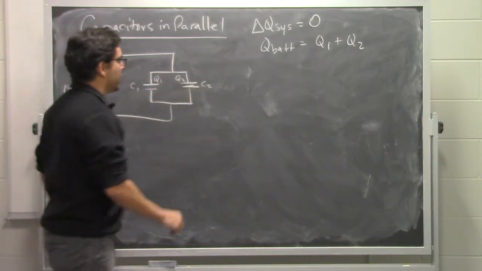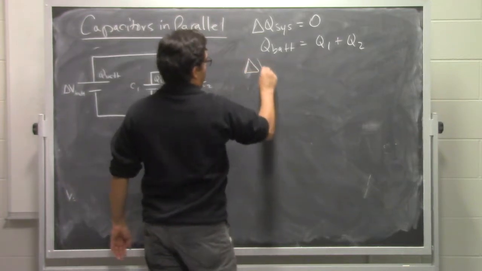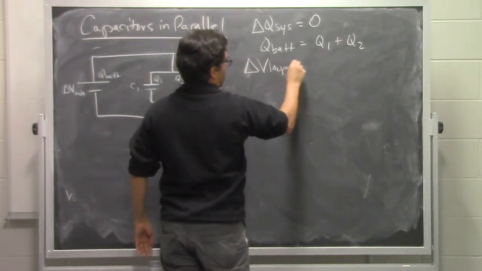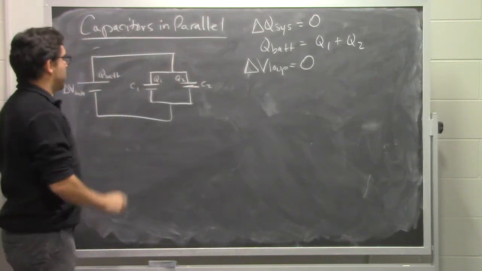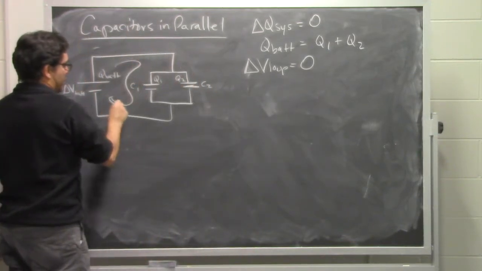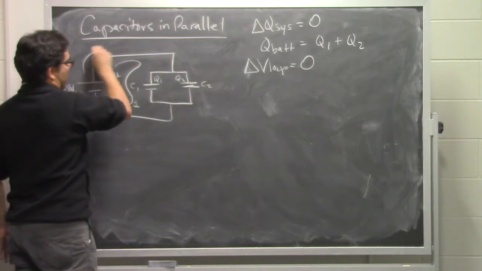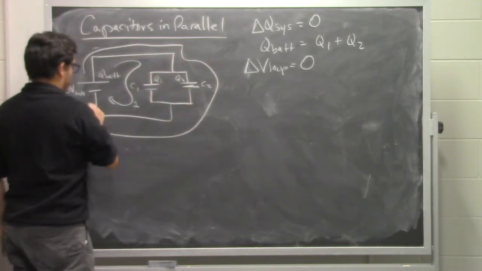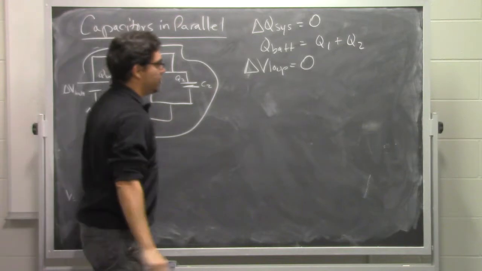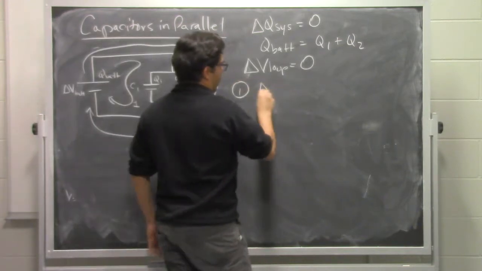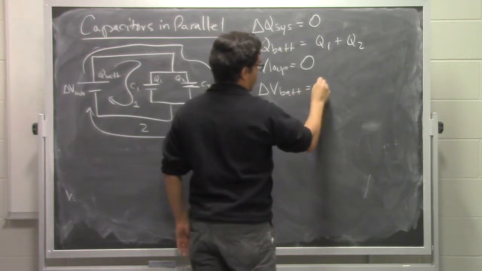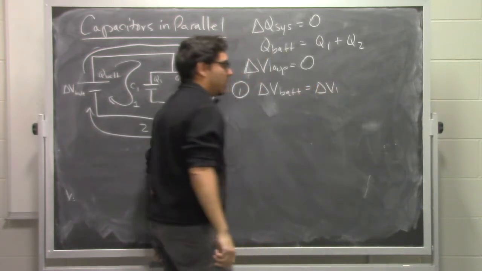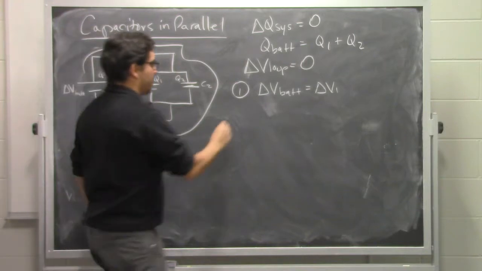That's totally fine. And so what we're going to do is apply the potential energy per unit charge around the loop. Noticing that they are in parallel, we're going to have one loop, which is this inner loop that goes through capacitor 1, and then a second loop that goes through capacitor 2. In that first loop, whatever the potential difference is across that battery is going to be equal to whatever the potential difference is across capacitor 1.